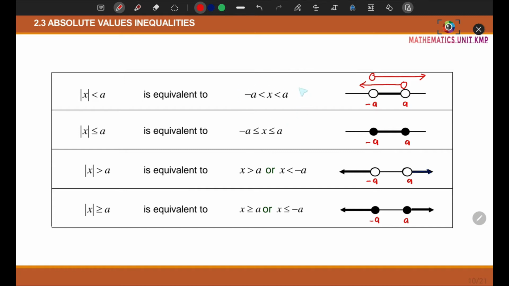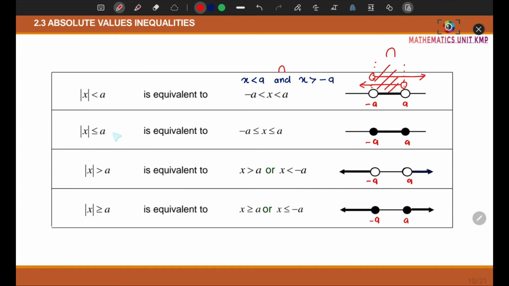Or if we want to write it in another way, x less than a and x greater than negative a. The word and means the intersection between these two lines. Okay, the intersection.